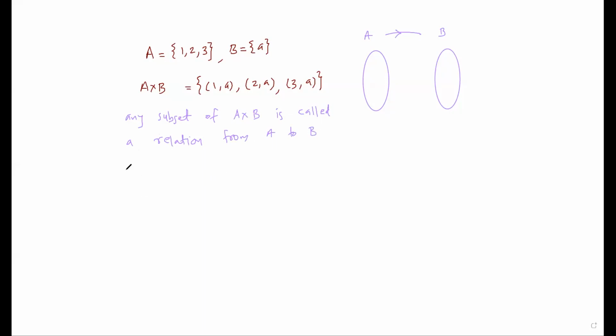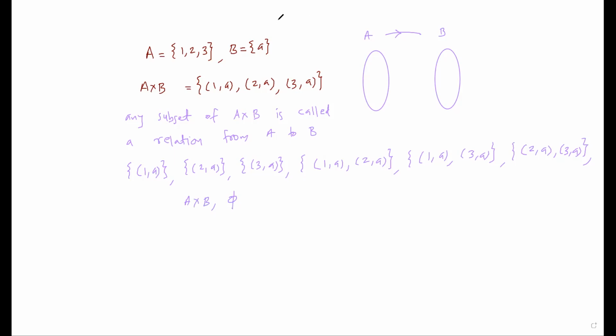So if we write subsets of A cross B, follow this. Subsets of A cross B, first a subset with one element: (1,a), (2,a), (3,a). These are subsets which contain only one element. Now subsets containing two elements: (1,a),(2,a), or (1,a),(3,a), or (2,a),(3,a). Then the full set, that is A cross B itself, and the null set.